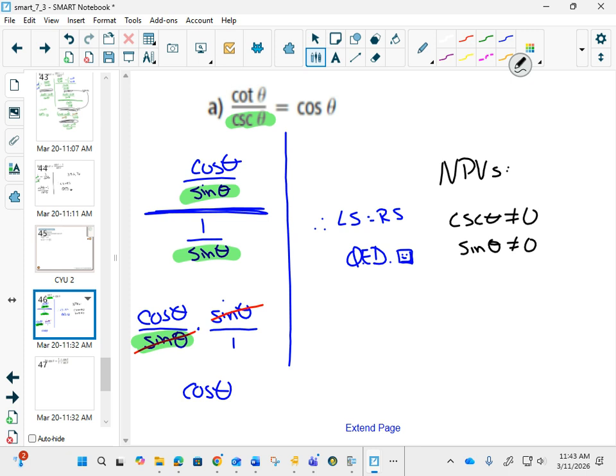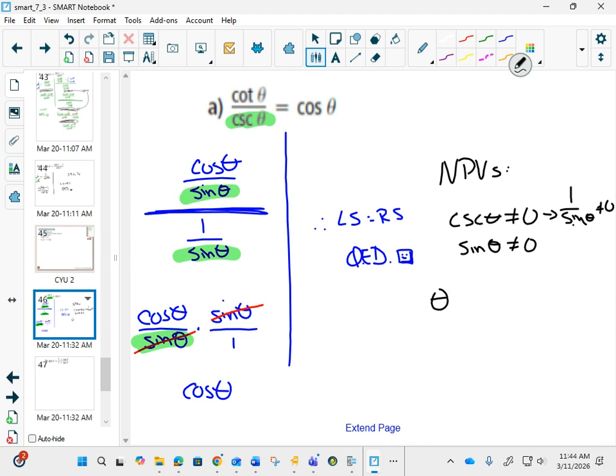Technically, cosecant is the same as 1 over sine theta, which can't equal 0. And the only way a fraction can equal 0 is if your numerator equals 0. But we still have sine theta on the bottom, which also implies sine theta can't equal 0. How do we write this?